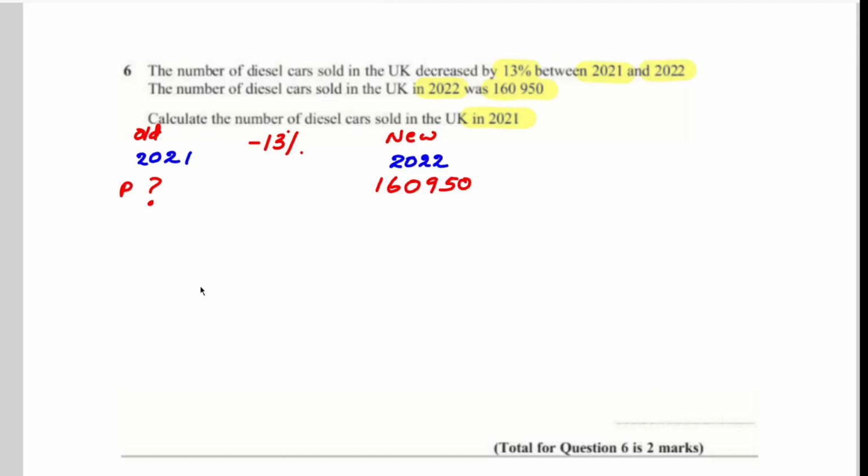So what is the formula for this one? What is the very important formula for percentages? Check out whether you can memorize this formula. New value equals old value or original value times, within brackets, 1 plus or minus, depending on the story.